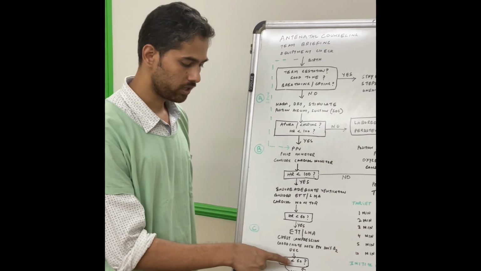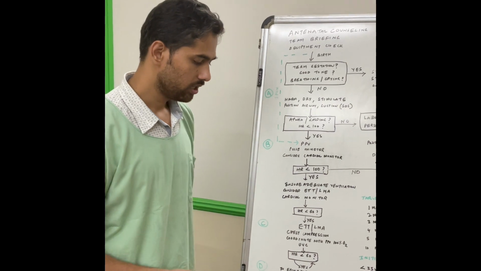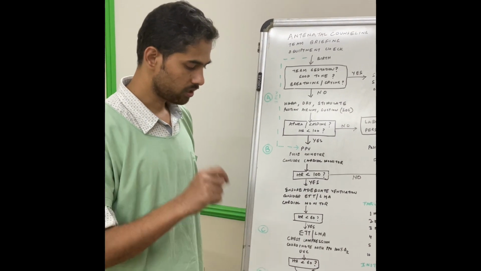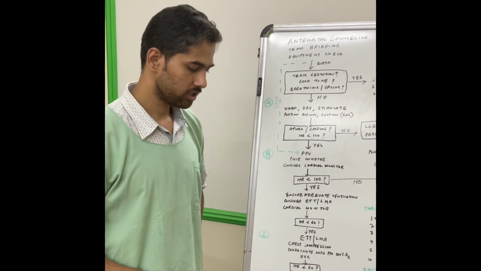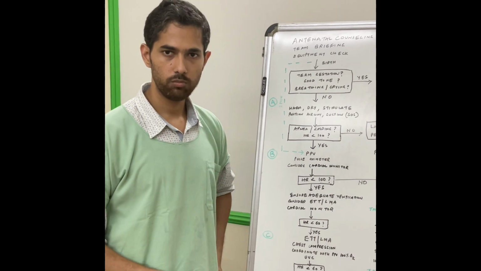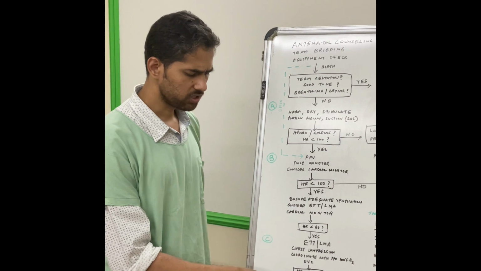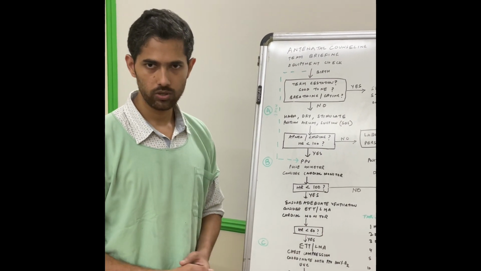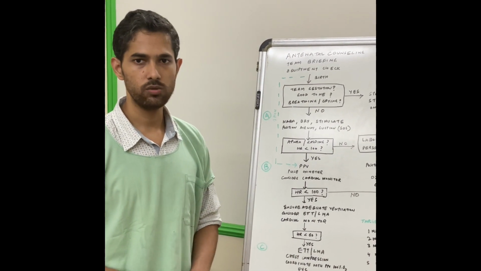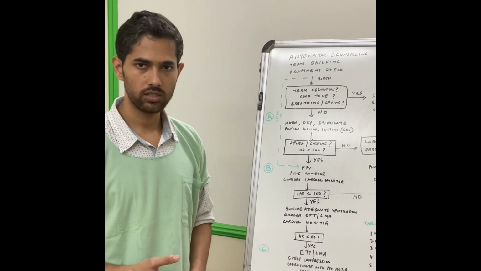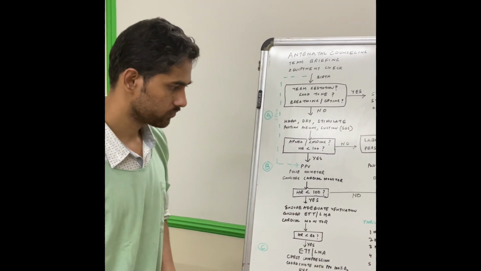If the heart rate is persistently less than 60 after 1 minute of chest compression, you can start giving injection epinephrine, which can be repeated every 3 to 5 minutes. If the heart rate is persistently less than 60 and not improving, you have to consider other possibilities also, like pneumothorax or hypovolemia.